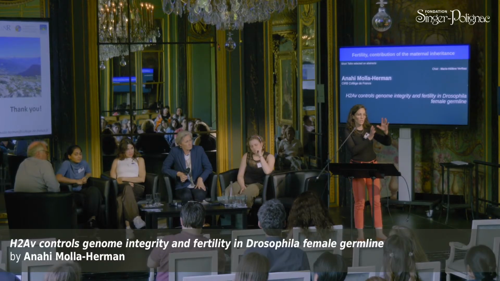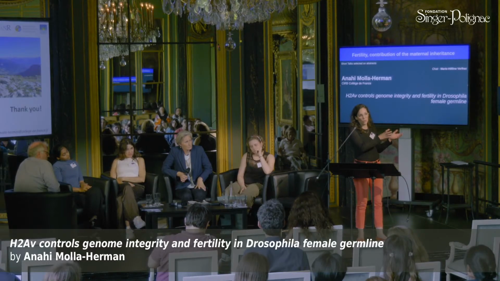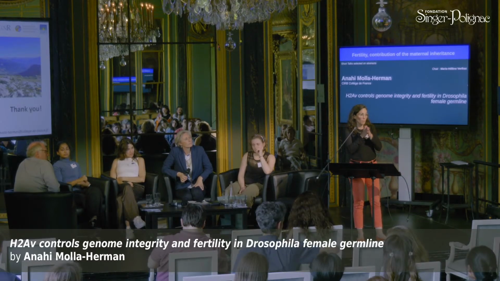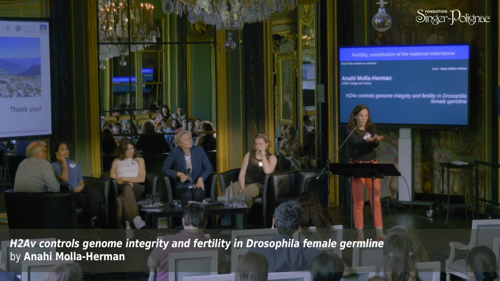Either H2AV is directly located at the transposons, so when H2AV is no longer there, you overexpress the transposons. Second, H2AV could be located at the piRNA clusters, being required for their transcription.